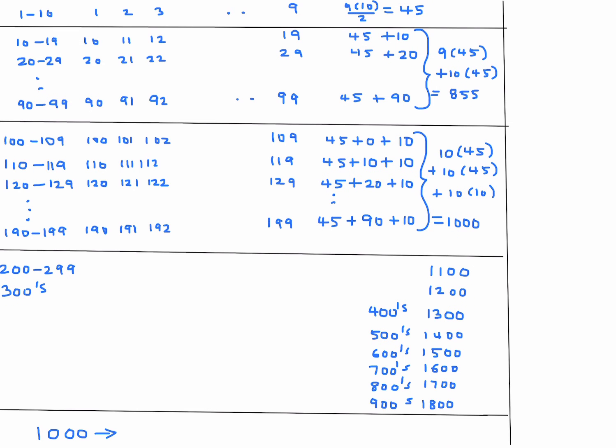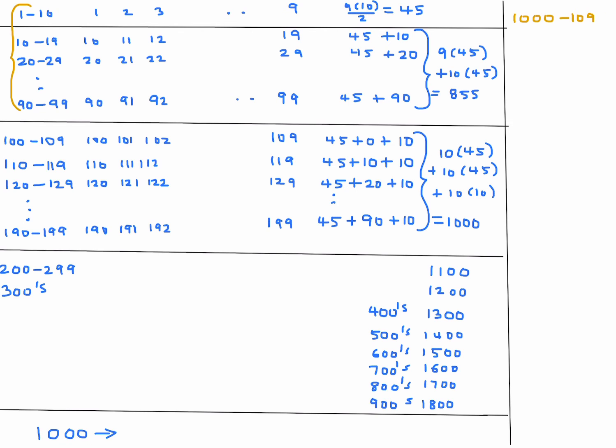If you look at this range right here, that was from 1 to 99, right? So once you pass 1000 and you get to the range 1000 to 1099, all the digits, when you add them together, will be exactly the same. The only difference is that the numbers all will have a 1 before them.